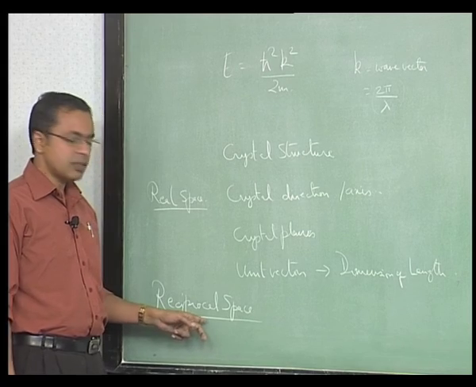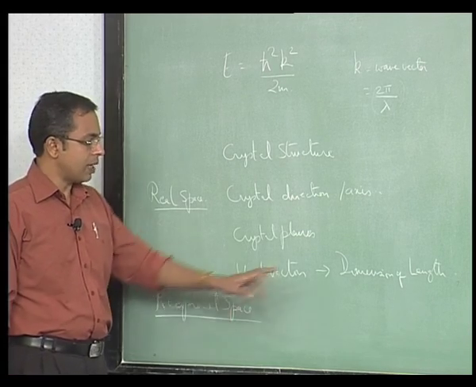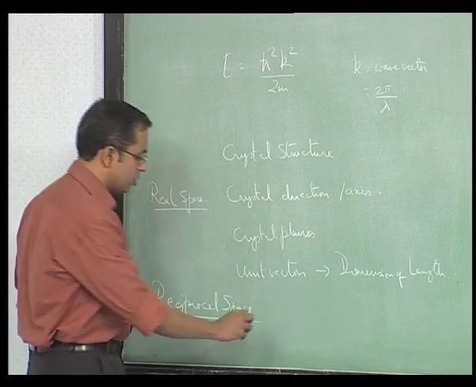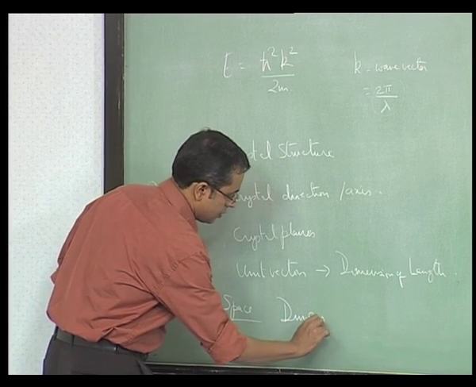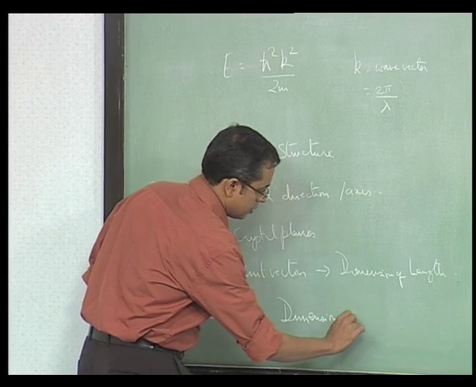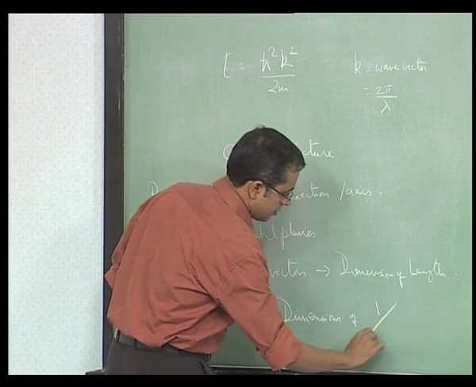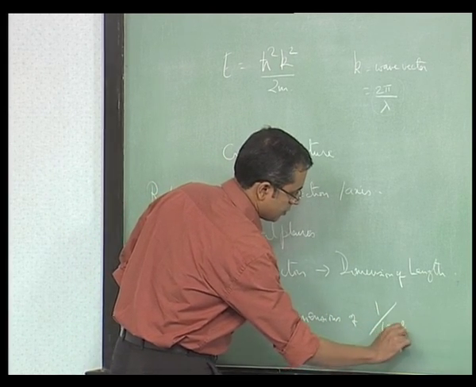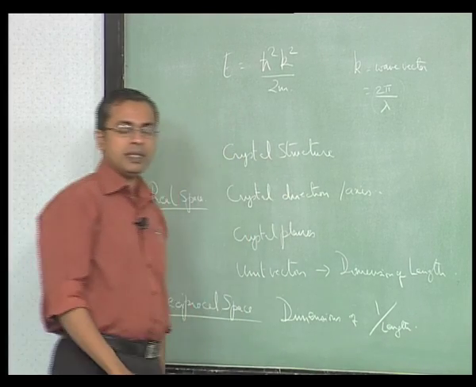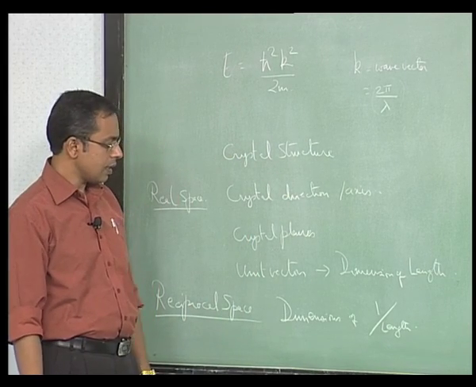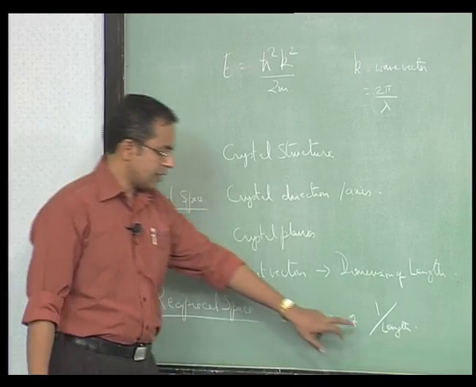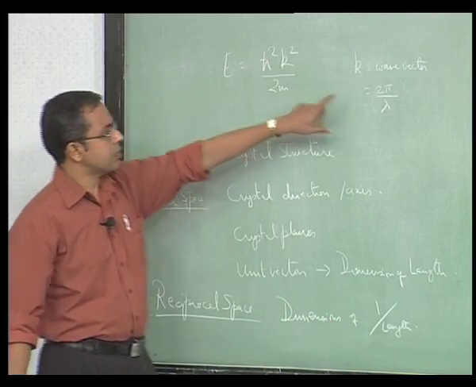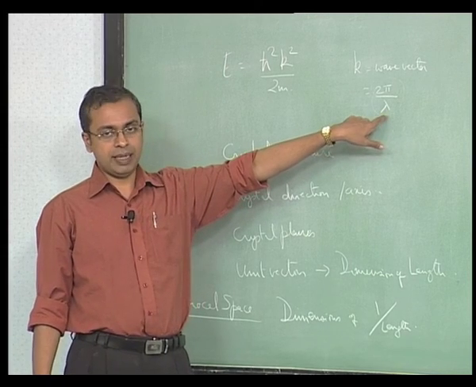Here the dimensions of the vectors we will use will be 1 by length, or length power minus 1. In a trivial sense you can see that this relates to our k vector, because the k vector is already in the dimension of 1 by length.